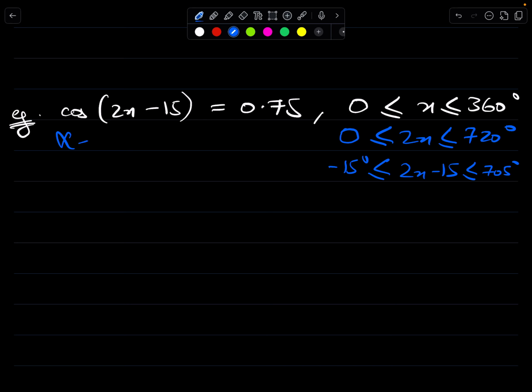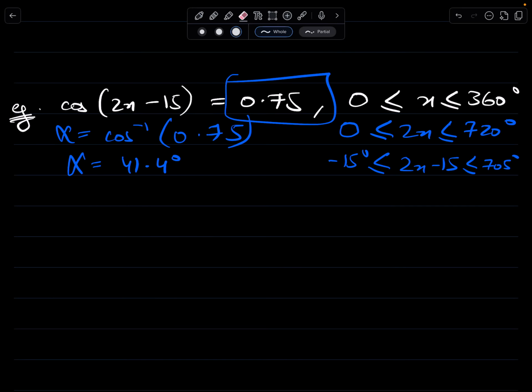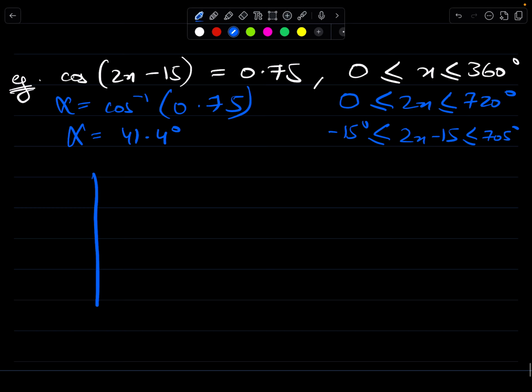Finding alpha, cos inverse of 0.75, alpha turns out to be 41.4 degrees. Cos is positive in the first and last quadrant, thus our graph would look something like this. This is also 41.4 degrees because the basic angle is always made with the x-axis.